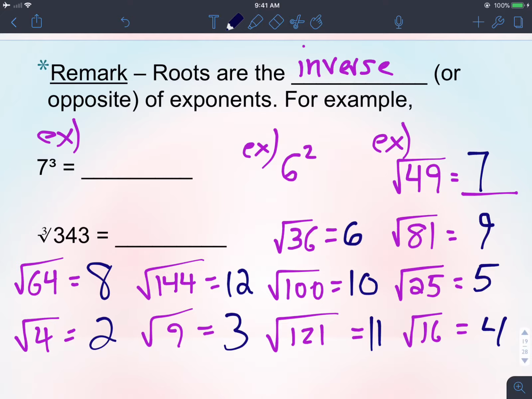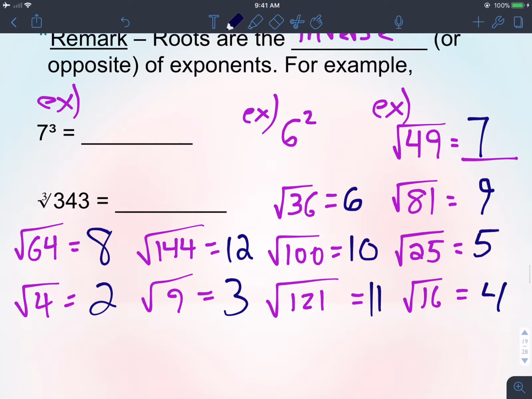I just memorize them because I've been doing it for so long, right? Those are what's called the perfect squares. Because you're just taking the integers 1, 2, 3, 4, 5, 6, 7, 8, 9, 10, 11, 12, 12 squared, 11 squared, 10 squared, and so on. That's about all you need to know off the top of your head. You don't really need to go past 12. You know?